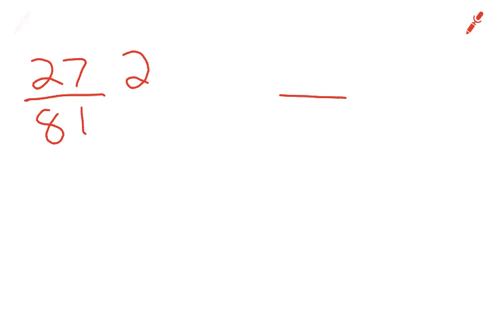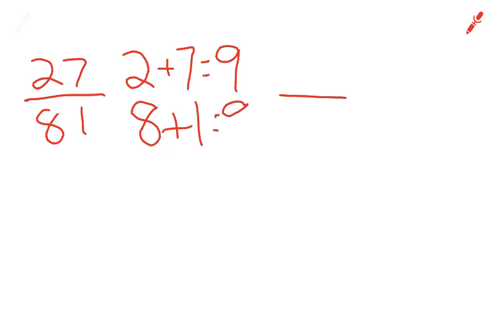It'd be 2 plus 7. When you add those up, we get 9. Well, 9 goes into 9, of course. And if we add up our 8 plus 1, added up our digits here, we were able to see that that equals 9, and 9 goes into 9 too.